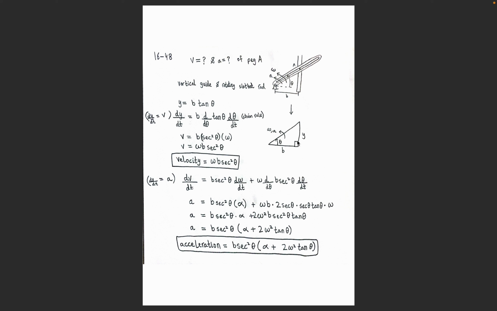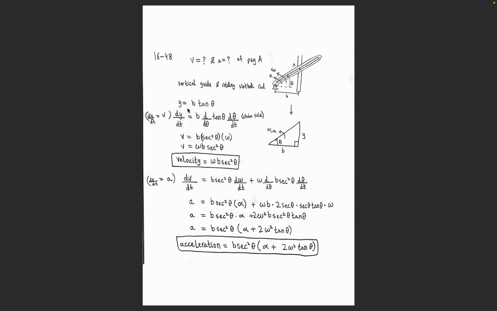As we're finding the vertical velocity, because the velocity and the acceleration of peg A will be in the vertical direction, we use y equal to b tan theta. So y is the vertical displacement.